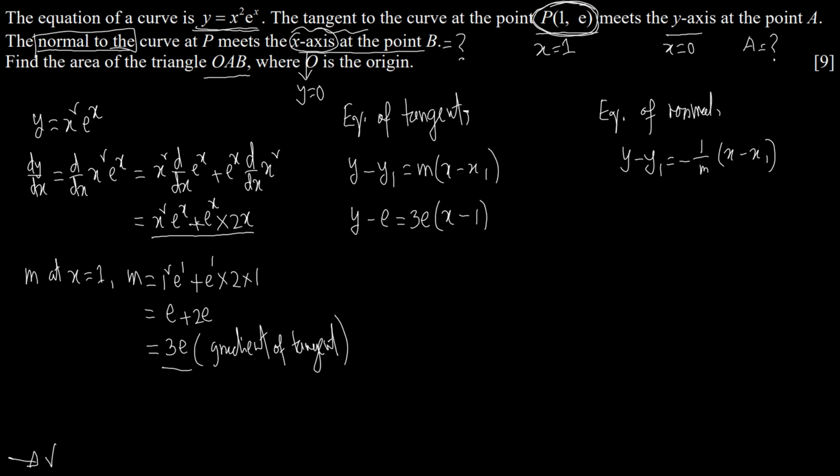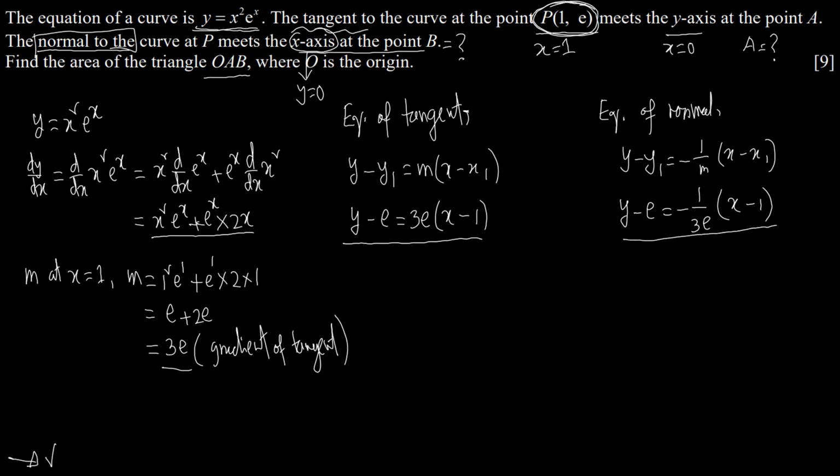This is our equation of the tangent. The equation of the normal is y minus e equals minus 1 by 3e times x minus 1, with x1 being 1. This is our equation of the normal.